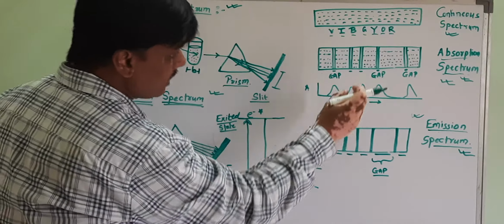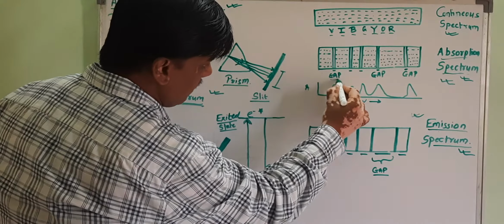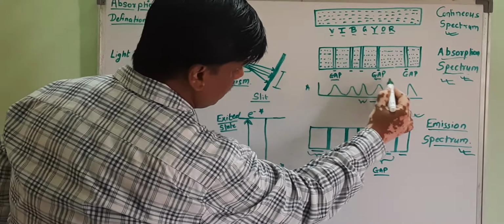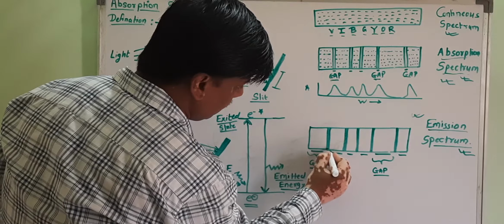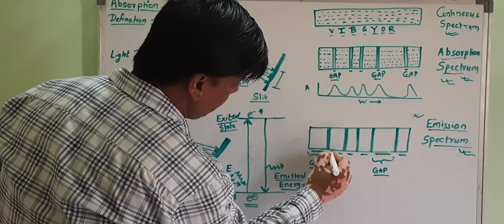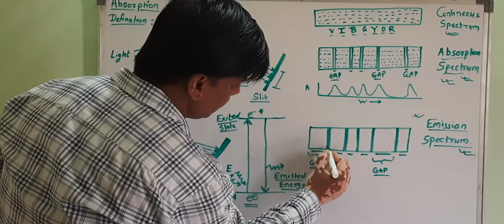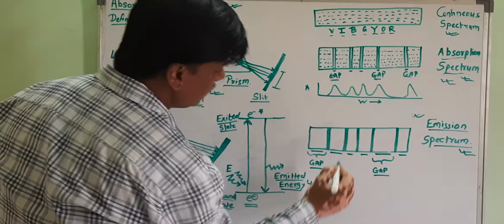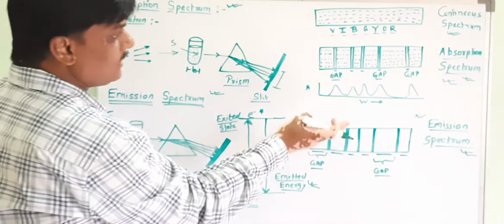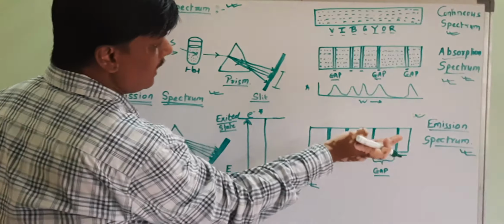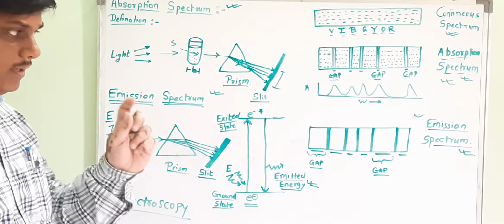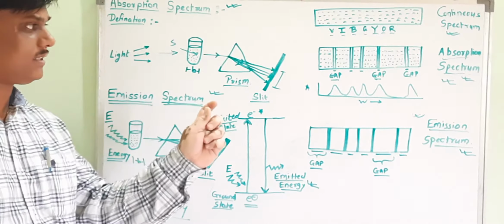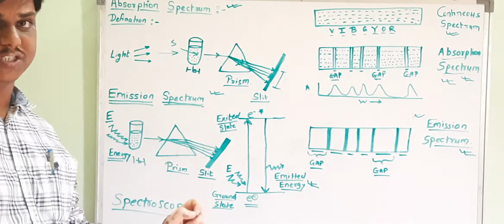If you compare them, where the gap is present in one, exactly on the gap, there is filling in the other. So the absorption spectrum is called the negative of the emission spectrum. That is what we call the absorption spectrum and emission spectrum.